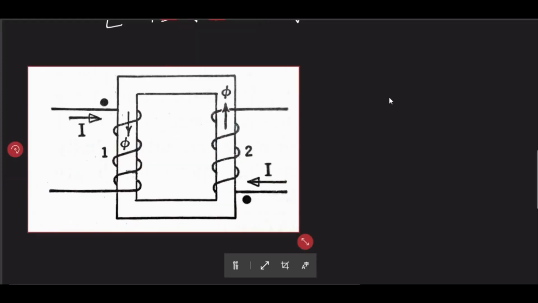Here you can see that this incoming current, we are marking them with a dot.